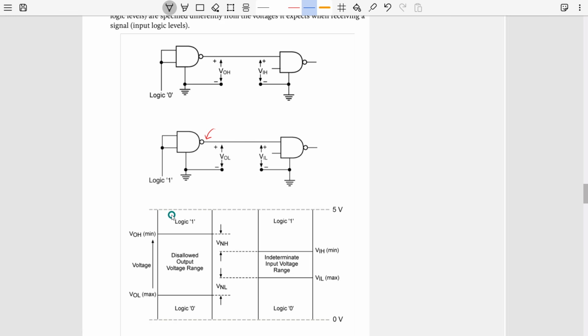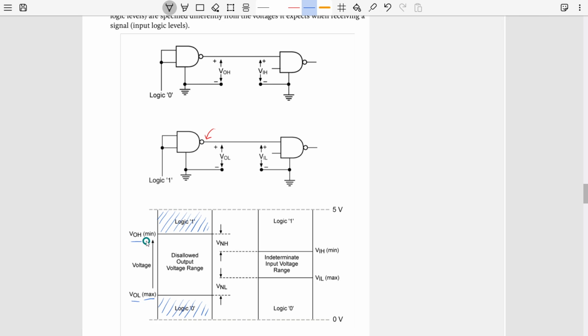In that region, a particular portion will be defined for representing logic 1 and another one will be used for logic 0. The idea is we also define two terms called VOH, or sometimes VOH minimum, and another one, VOL, or sometimes VOL maximum. So what is VOH?